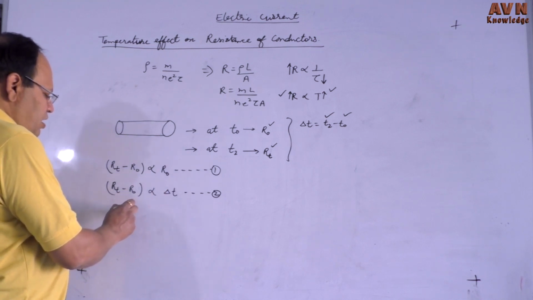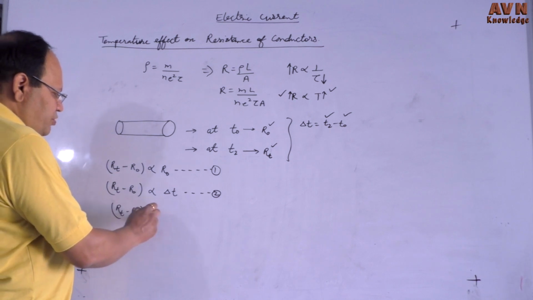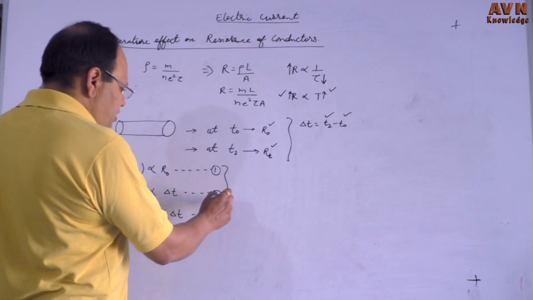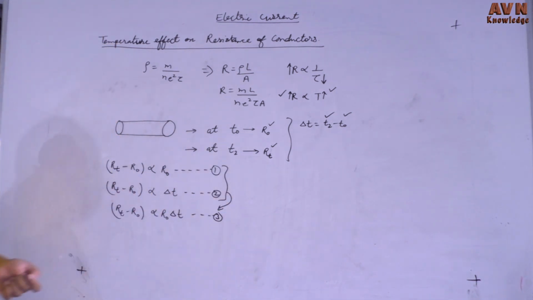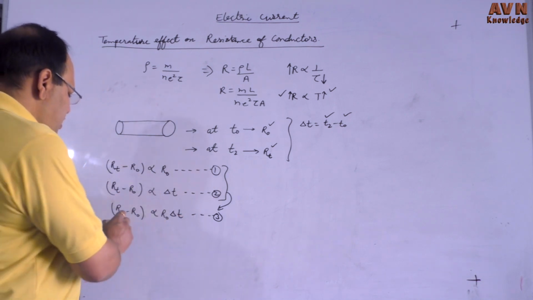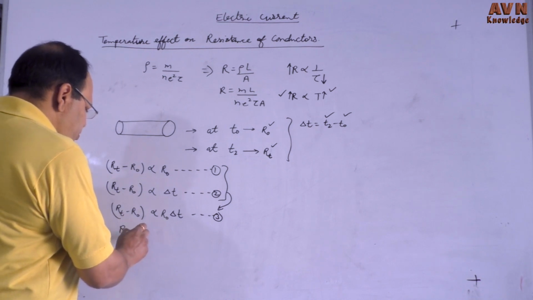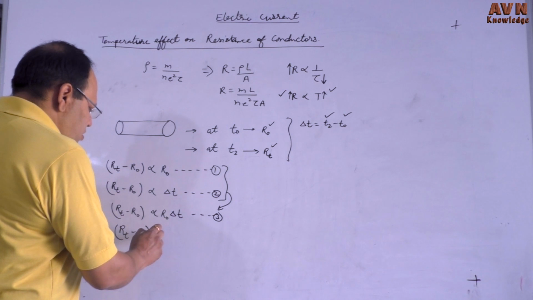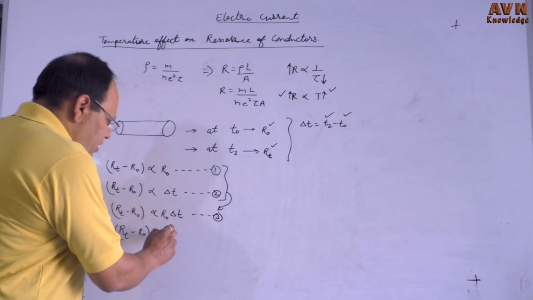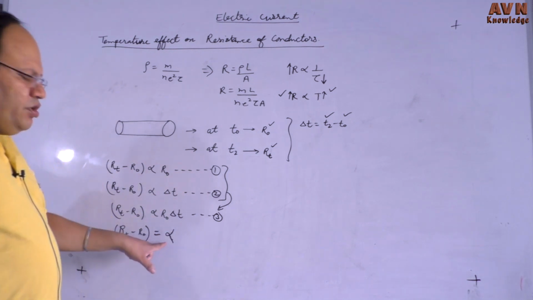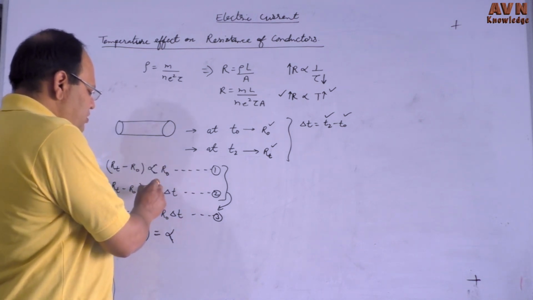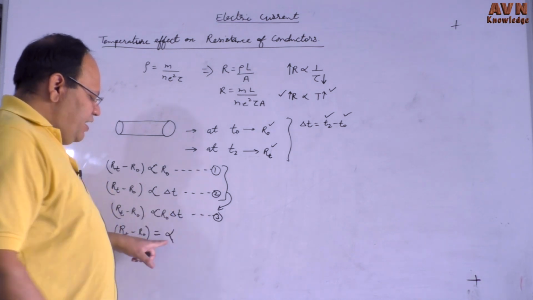So from equations 2 and 3 we can write RT minus R naught is proportional to R naught delta T. Replacing the proportional sign, I take a constant, alpha.